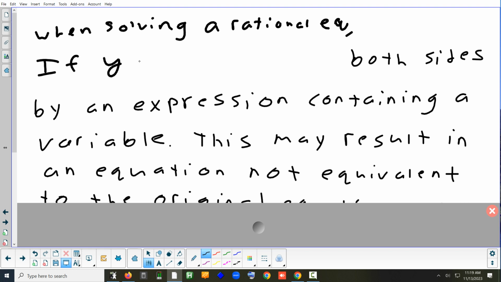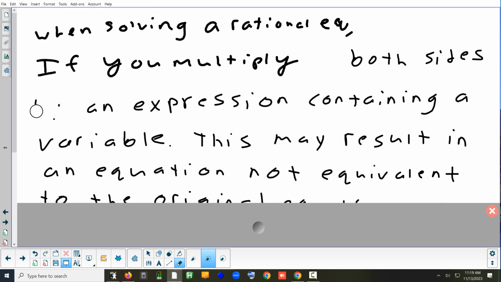If you multiply both sides of an expression by a variable.